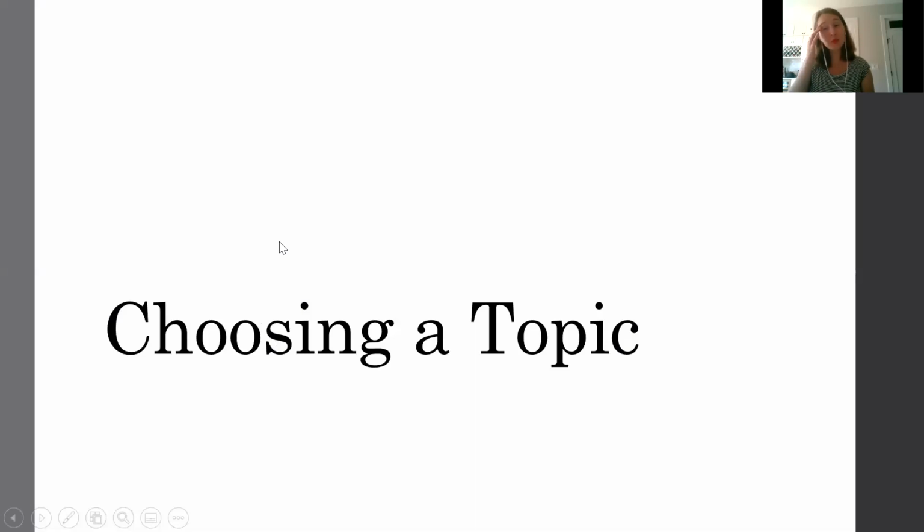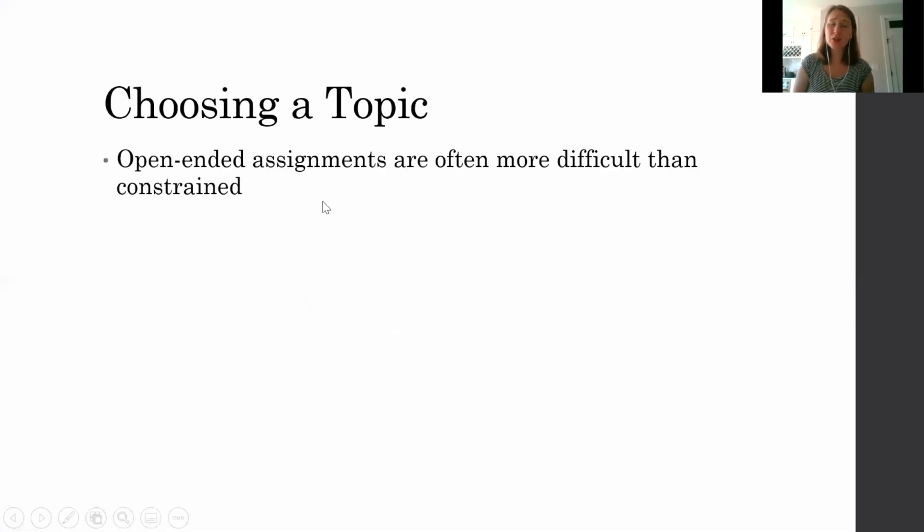So we're going to jump right in and talk about choosing a topic, something that can be a little bit intimidating, especially if you're given an open-ended assignment. And I know a couple of you in attendance here today have emailed me saying, I have an independent study class this semester, and I'm not really sure what I should be doing for my topic.